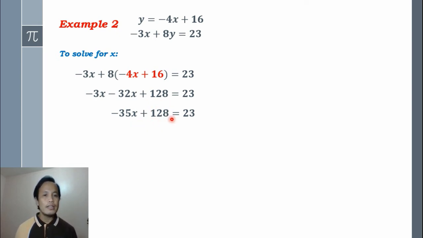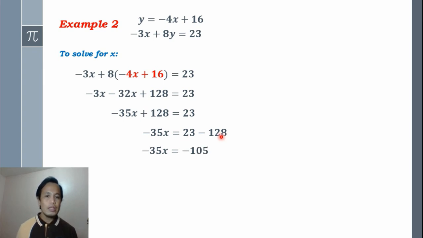Since 128 is a constant and we only need the variable x on the left side of the equation, and it is positive, we need to subtract 128 on the left side. Of course, we also need to subtract 128 on the right side. That is the subtraction property of equality. In that case, we can cancel out the 128 and we have 23 minus 128, which gives us negative 105. Then we have negative 35 as the coefficient of x.